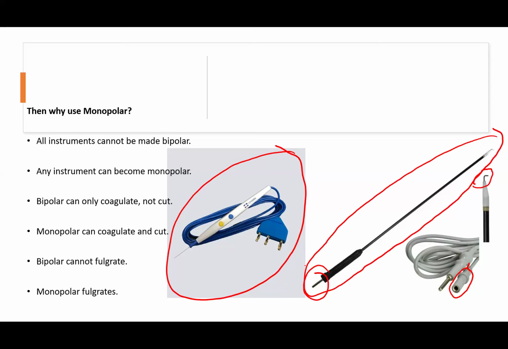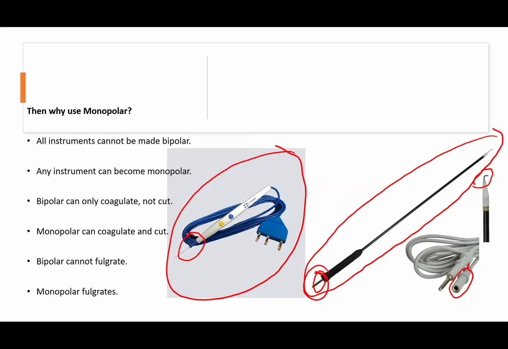It fits into that socket, and you activate using your foot pedal. Sometimes this can be fitted into the diathermy pencil, you know. You don't need a foot pedal in that situation. You just use the normal buttons for the cutting and coagulation.